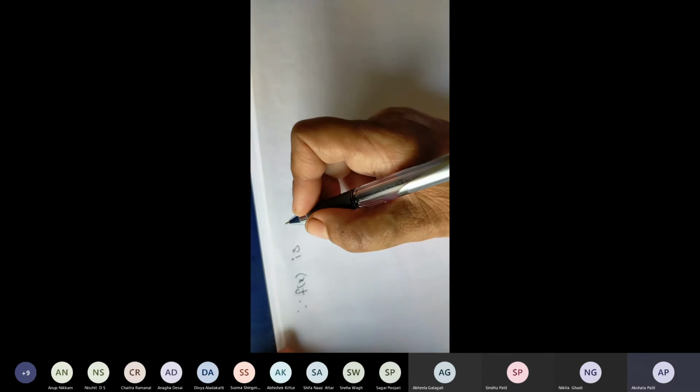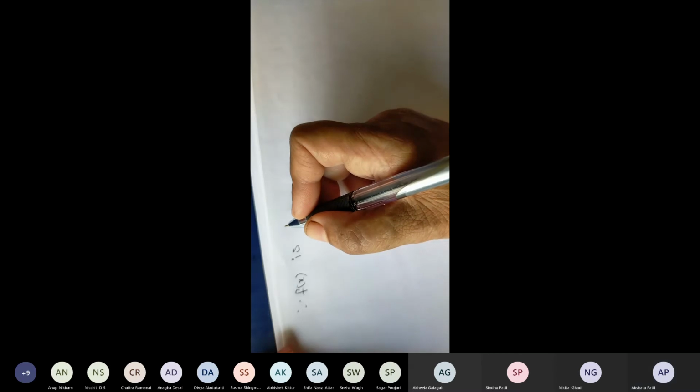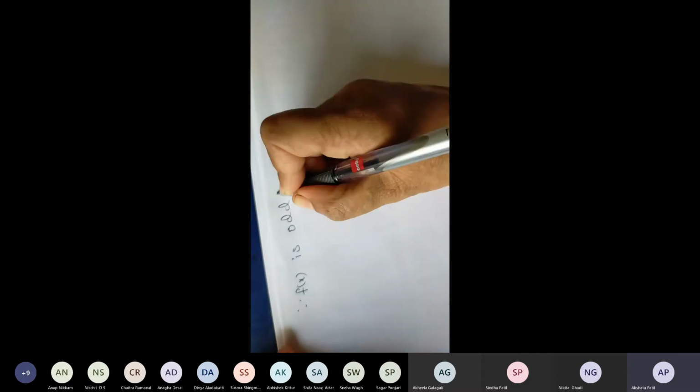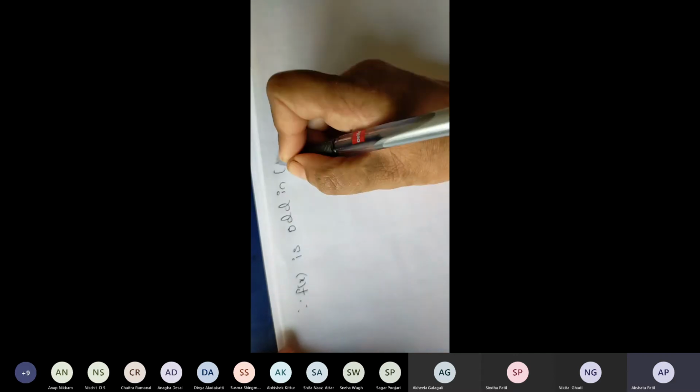Here f of x you are getting as minus psi of x, so the given function is even or odd? Odd, ma'am. Odd. So f of x is odd in the interval 0, 2 pi.